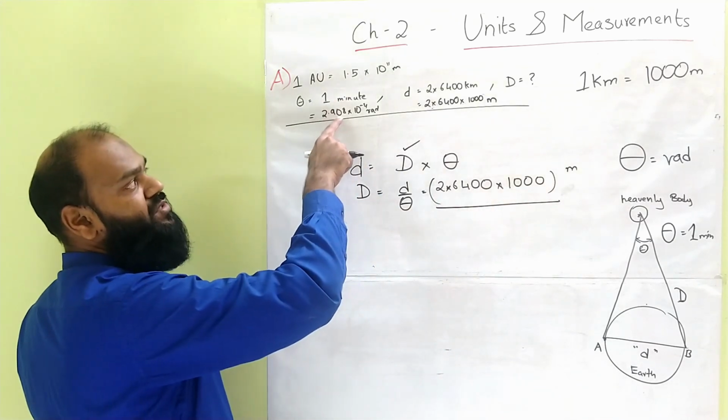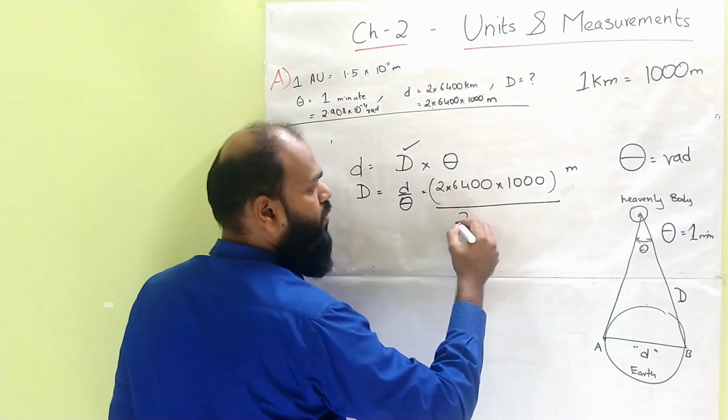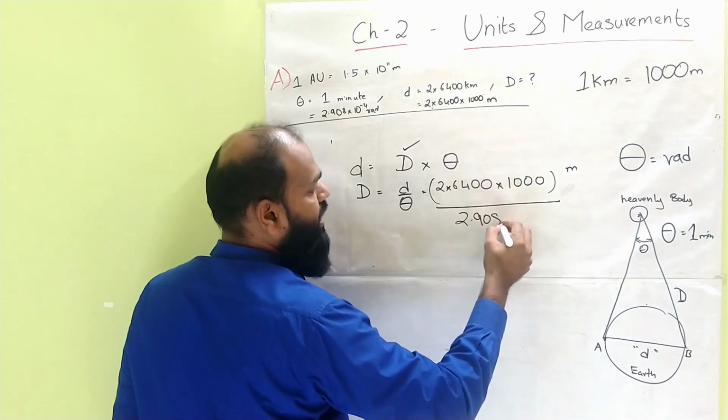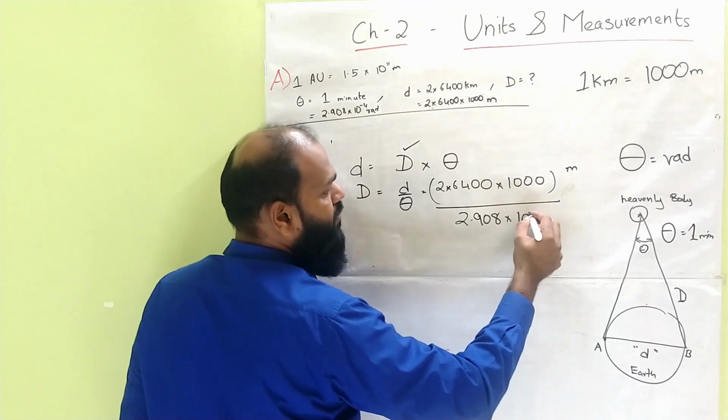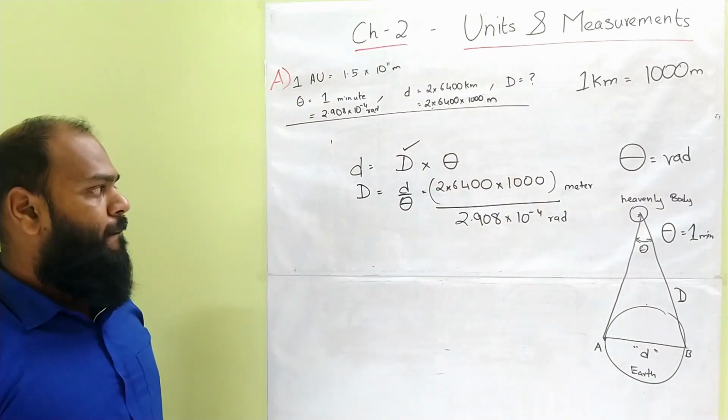What was theta? Theta was 1 minute, which we converted before, which is 2.908 × 10^-4 radians.